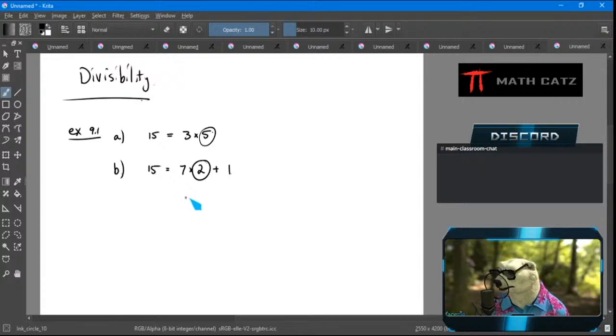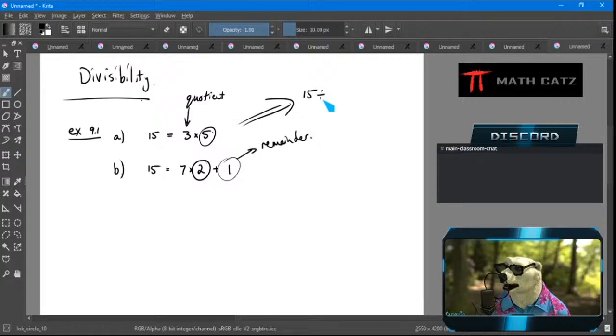Okay, so the number of times we can fit in the desired number, we'll call that the quotient. And if there's any extra wiggle room, we'll call that the remainder. What's left after I've done what I can with the given number? Now, how I do this is by way of division. We can see here that 15 divided by 5 is going to be 3.